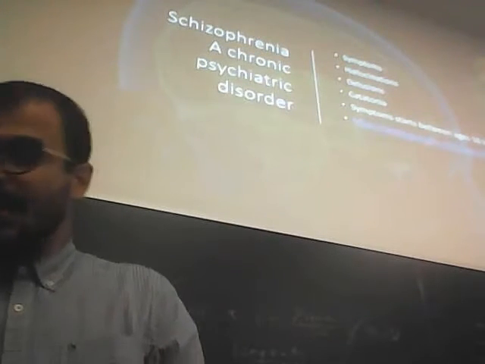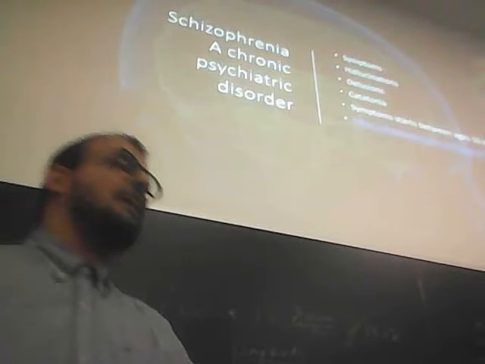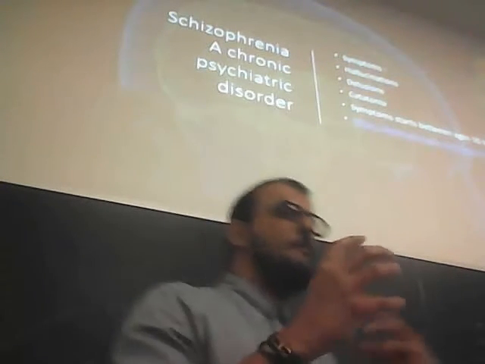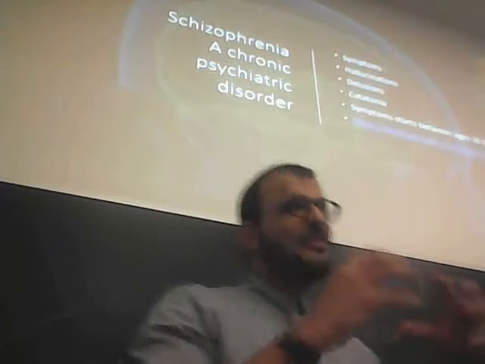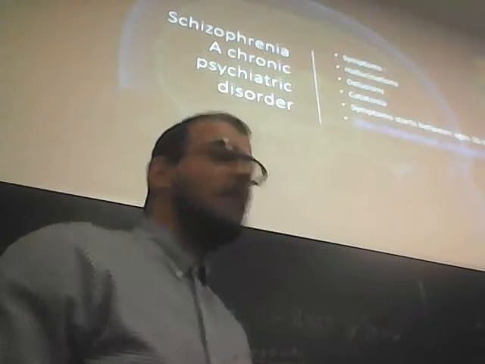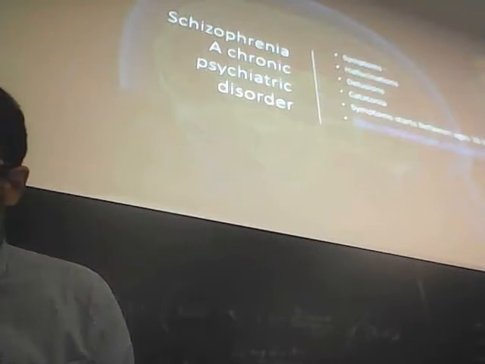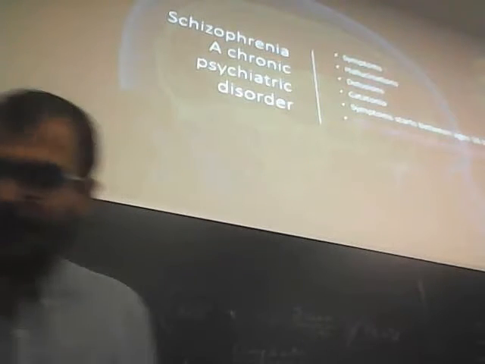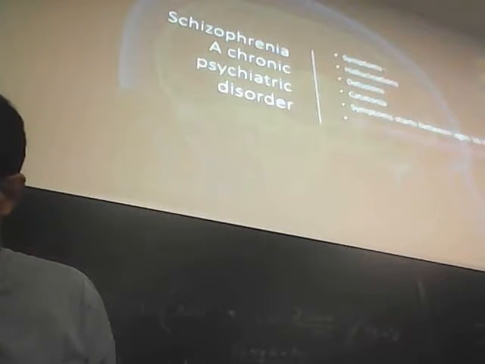And also catatonia, which is the kind of symptom where people who are schizophrenic have some kind of postures and movements, and they stay in that position for a very, very long time. I have a very quick video that shows schizophrenic patients showing that kind of symptoms.